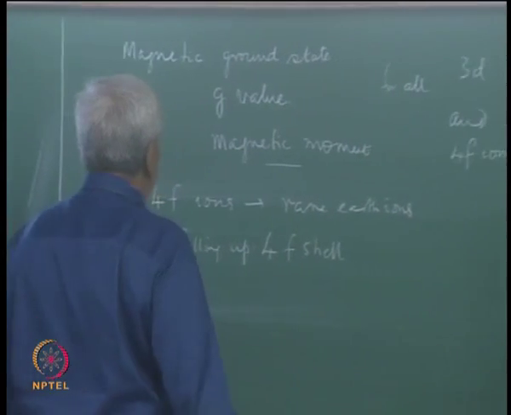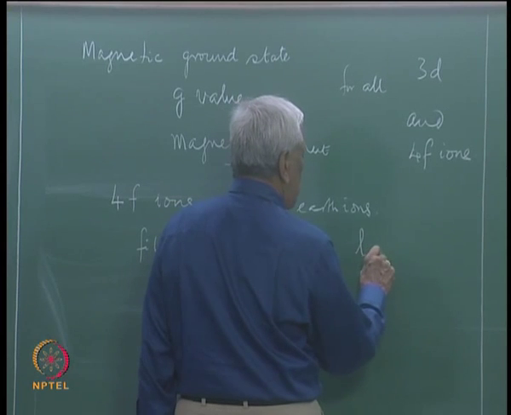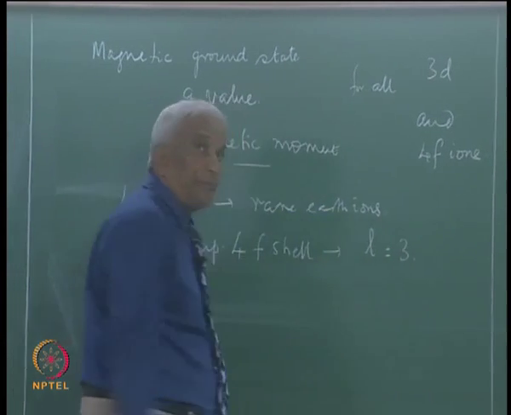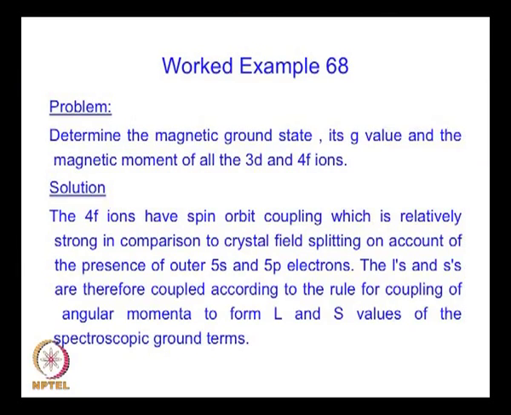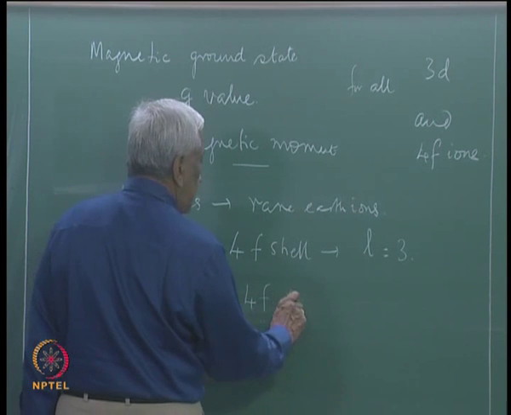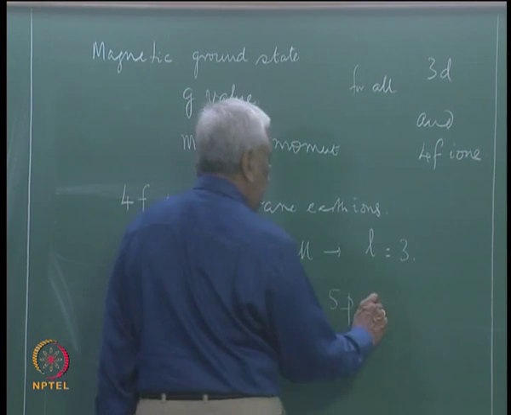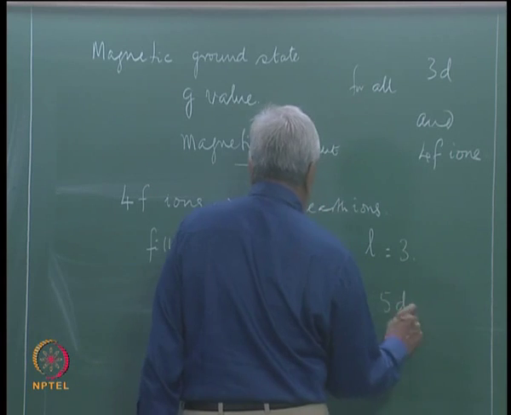The 4F shell corresponds to an angular momentum of 3. So, the electronic configuration is such that the outermost shell is the 4F and then 5s, 5p and in some cases 5d shells.